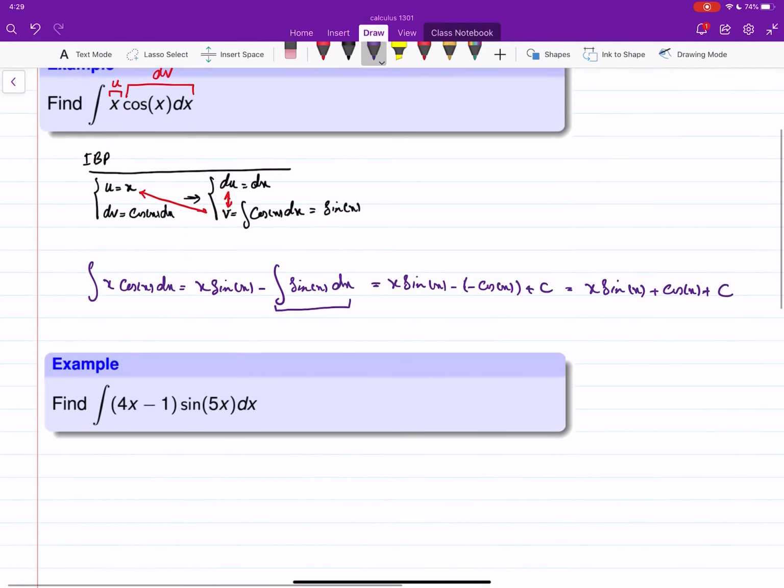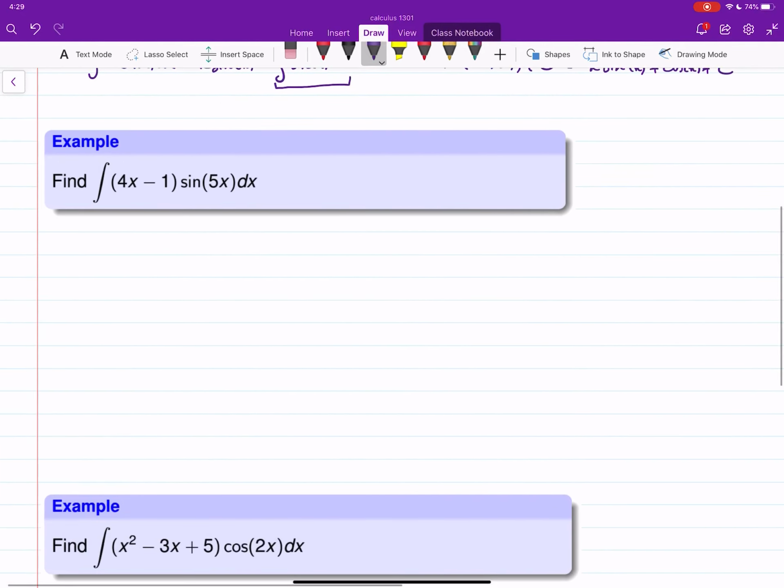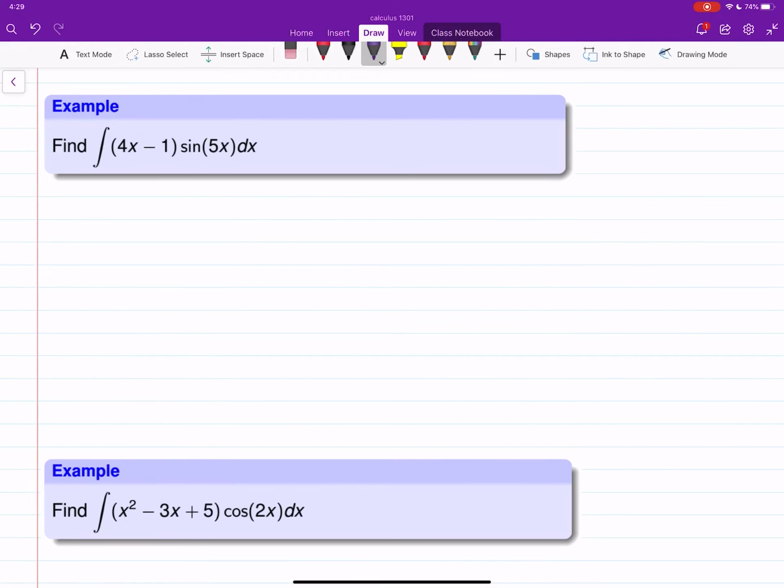Let's do another example. Here I have integral of 4x minus 1 times sine of 5x dx. Again, here I have several choices for u and dv, but remember we choose u to be a function whose derivative is simpler. Here I have 4x minus 1, so the derivative of 4x minus 1 is 4.